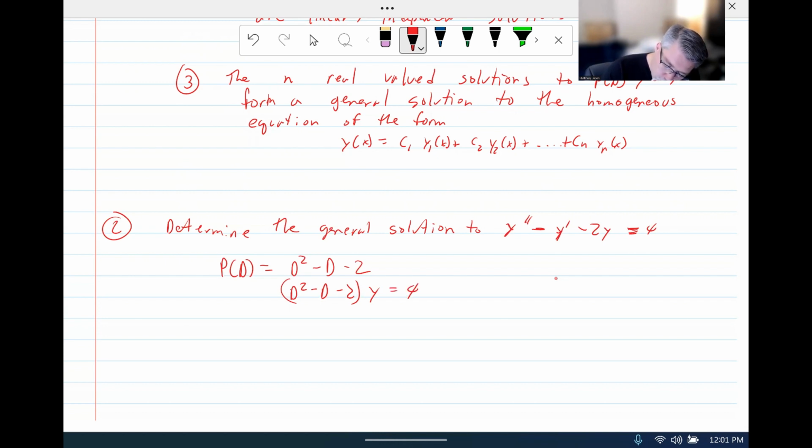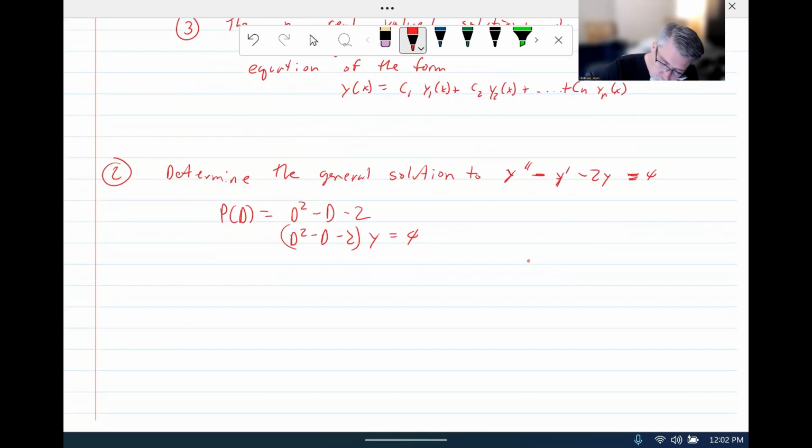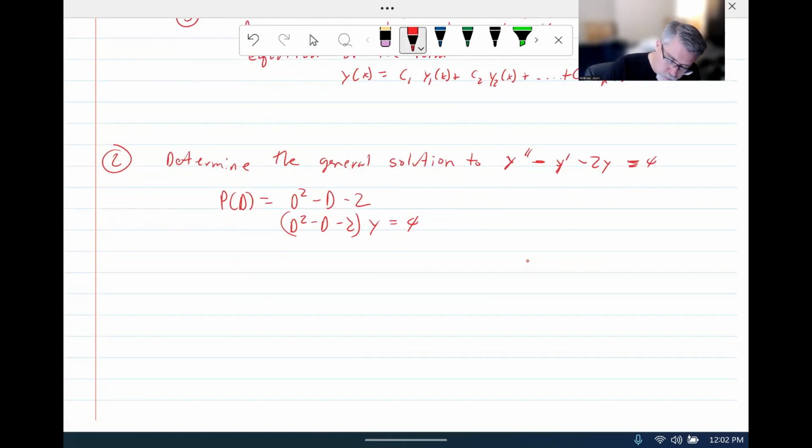And so the auxiliary polynomial E of r is going to be r squared minus r minus 2. And the auxiliary equation, r squared minus r minus 2 equals 0.